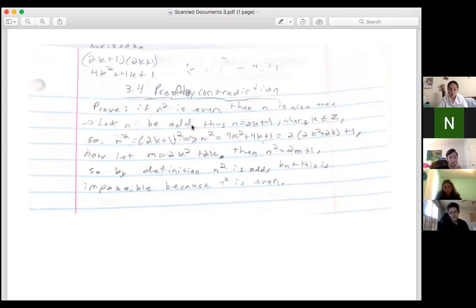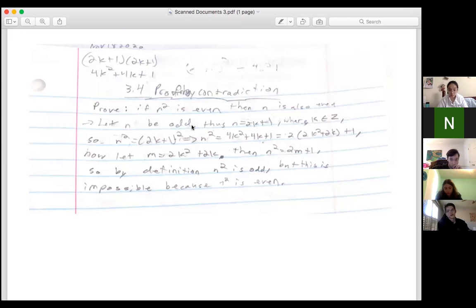Then n squared is equal to (2k plus 1) squared. Thus n squared is equal to 4k squared plus 4k plus 1. And you can take out a common factor of 2 to get 2 times the quantity 2k squared plus 2k, plus 1. And then you let m equal 2k squared plus 2k, and then n squared is equal to 2m plus 1. And then you want to finish it off?